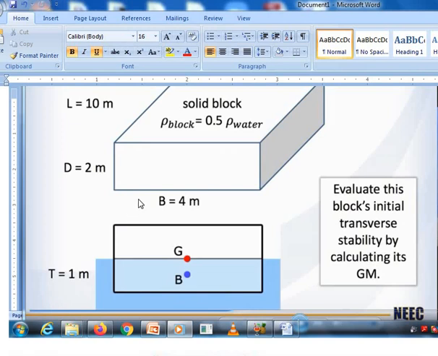If we really want to take it carefully, the full height, which is 2, is supposed to be your KG, the whole height here.